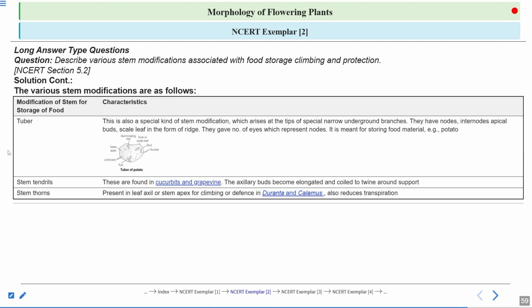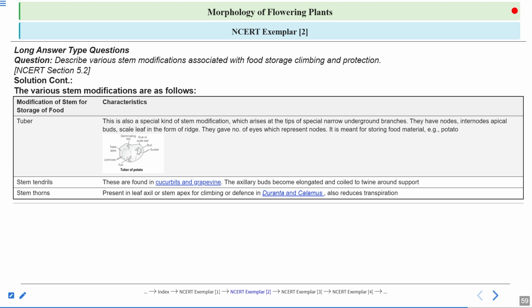Next, tuber. This is also a special kind of stem modification which arises at the tips of special narrow underground branches. They have nodes, internodes, apical buds, and scale leaves in the form of ridges. So you can see a lot of eyes on the potato tuber.